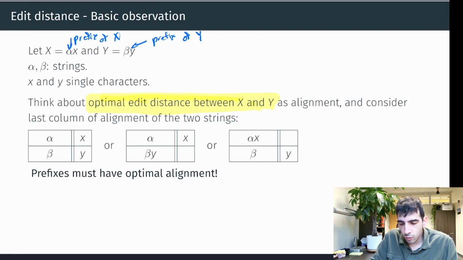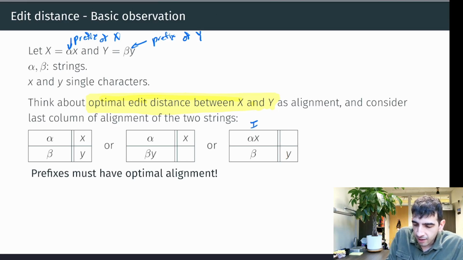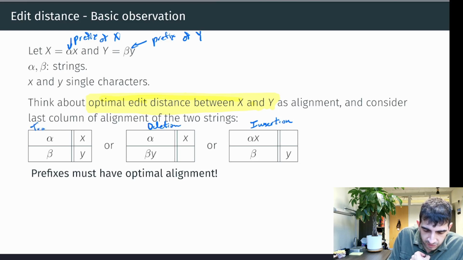In that case, we have an insertion. So we have three different possibilities: either an insertion, a deletion, or a transformation.